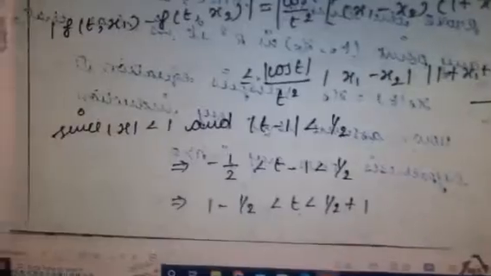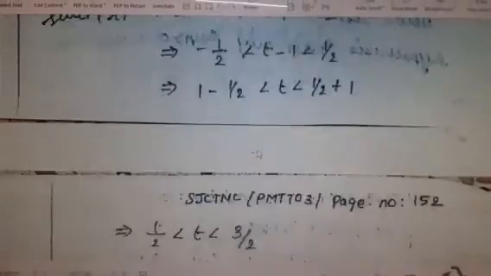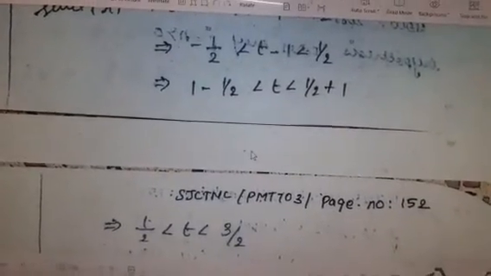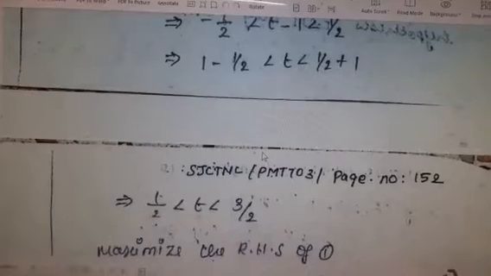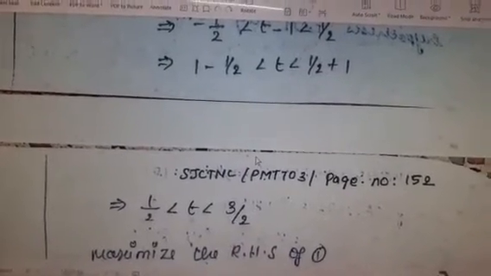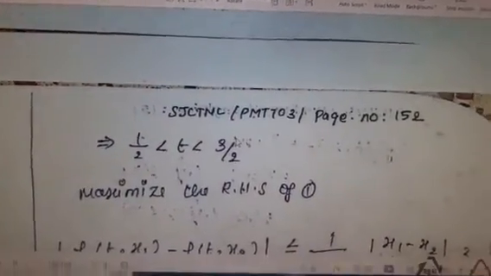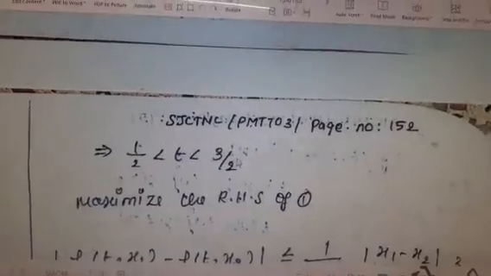Now we simplify: 1 - 1 by 2 is 1 by 2, t - 1 + 1 reduces to t, and 1 by 2 + 1 is 3 by 2. So we maximize the right hand side of equation 1.